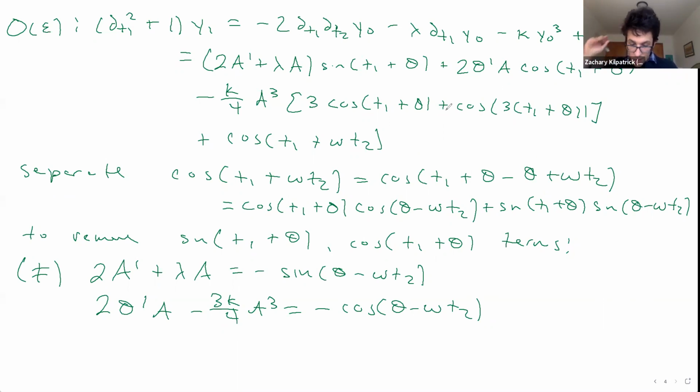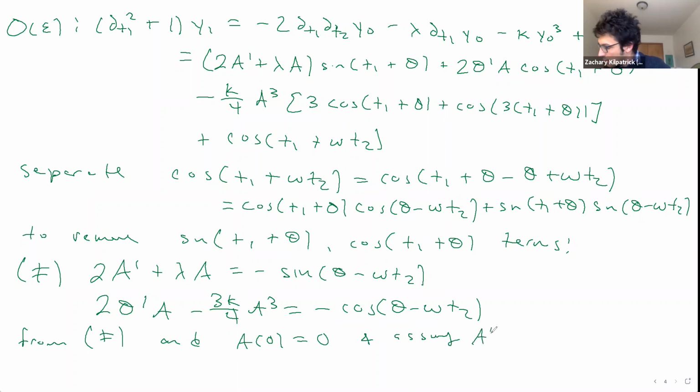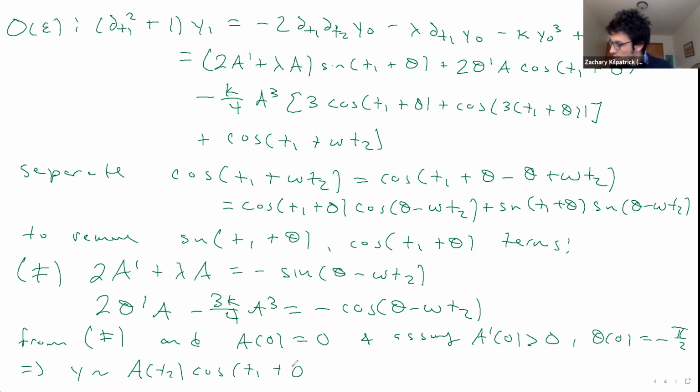Okay, so from these and our initial condition, a0 equals 0, and assuming that our amplitude's going to grow over time using physical intuition, and theta 0 is equal to minus pi over 2, what we get is y is approximately a of t2 cosine of t1 plus theta of t2 to leading order.